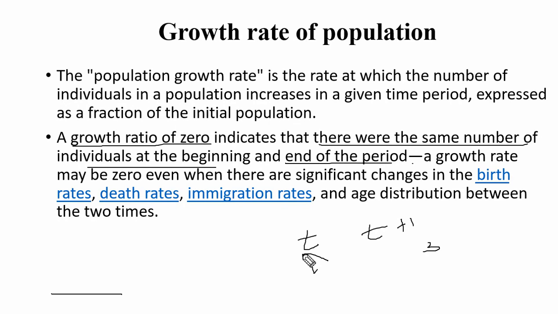This is period 1, this is period 2, and in these two periods, if the growth ratio is 0, that means the same number of individuals are there. And it is related to significant changes in birth rates, death rates, and immigration rates, and the age distribution between the two times.